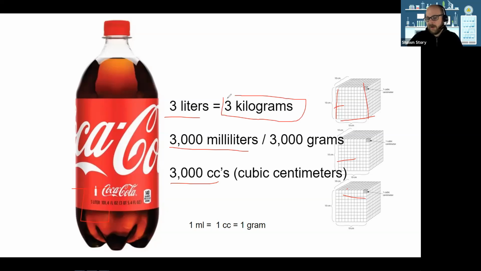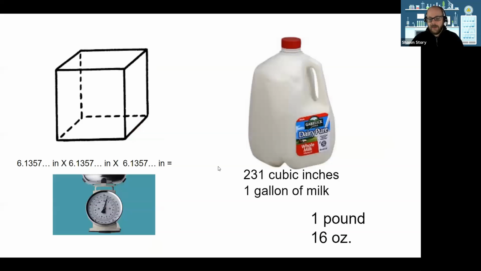But if it was water, it would be pretty much exactly 3 kilograms of weight, which is 3,000 grams, which is the same thing as 3,000 cc's, which are those measures of injections, right? So if you're giving someone 1 cc and you did it 3,000 times, it would be the same thing as 3 liters of Coca-Cola, because they're interconnected with each other. All right, could we do that with our system?